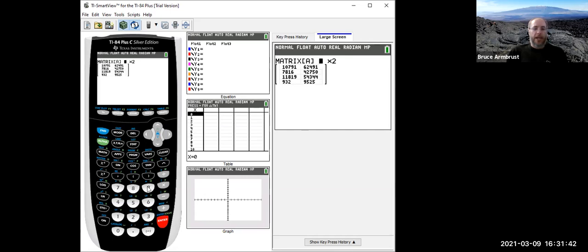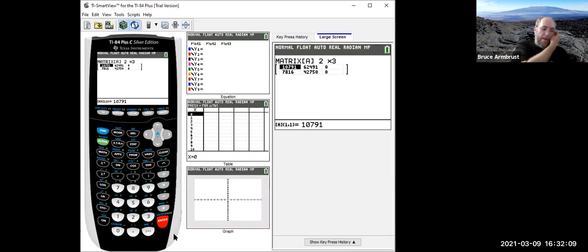This time I need to change it so that it's got 2 rows and 3 columns, because the 2 rows were college grads and non-college grads, and the 3 columns were football, baseball, and curling.